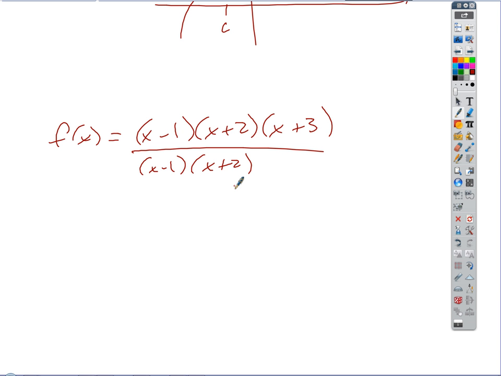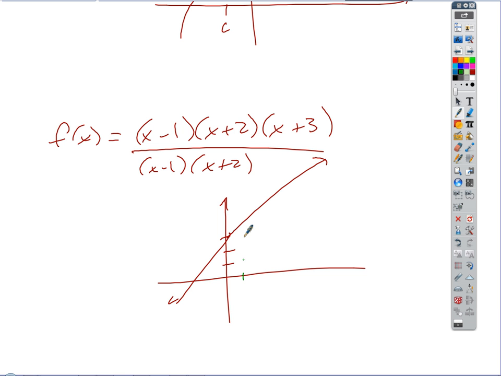Got holes at x equals 1 and x equals negative 2, right? So if I fill in both holes, what's g of x going to be? Well, just the line x plus 3. So what's this look like? It just looks like a line with a y-intercept of 3 and a slope of 1, except it's got holes at positive 1 and negative 2, right?